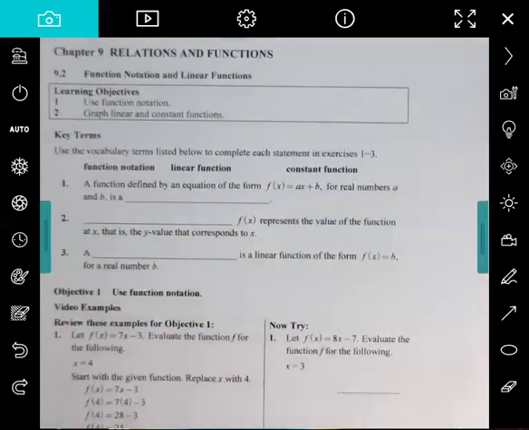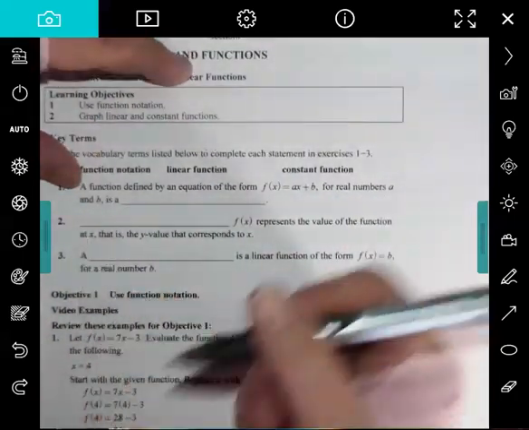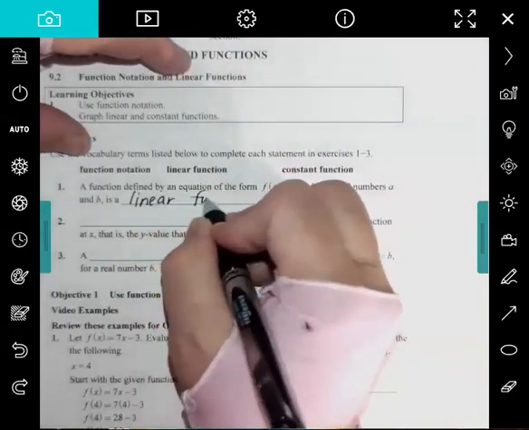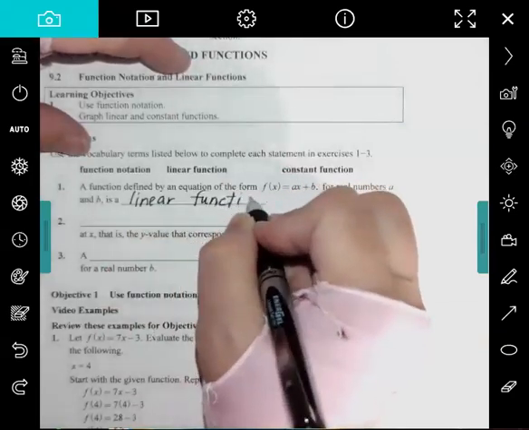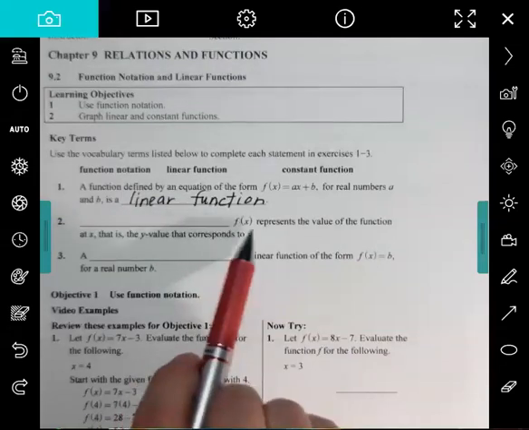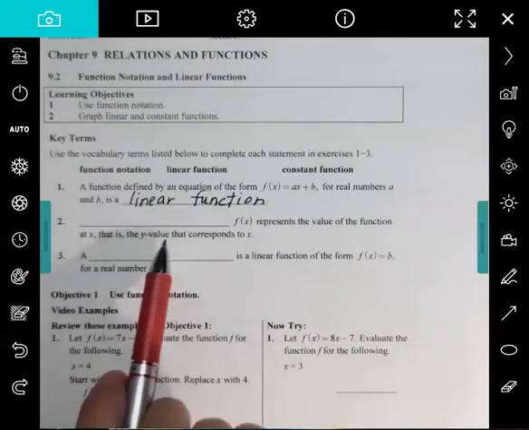A function defined by an equation of this form, ax plus b, for real numbers a and b, is a linear function. You knew that part already. f of x represents the value of the function at x, that is the y value.